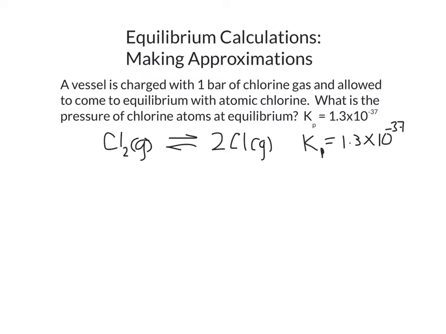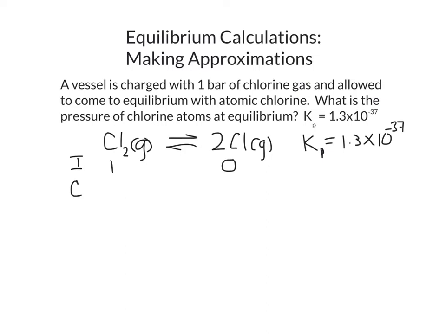So we're going to set up this equilibrium problem the same way we always set up equilibrium problems, and we're going to start by saying, what do we have initially in our vessel? The problem says that the vessel is charged with 1 bar of chlorine gas. That means I started with 1 bar of chlorine, and I didn't put any chlorine atoms in my vessel, so I have 0 of those to start with. To get to equilibrium, I'm going to have to make some chlorine atoms.